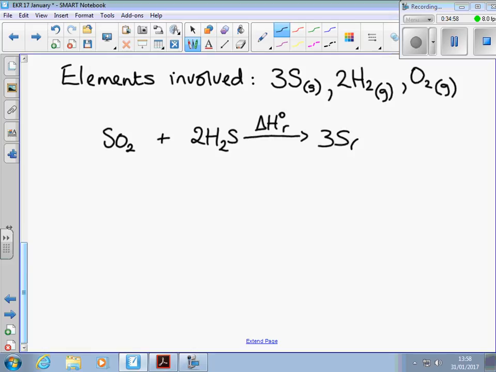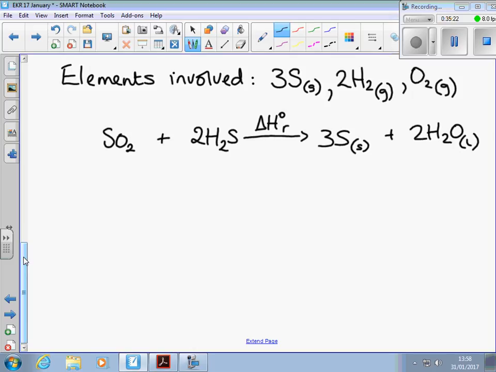On our other side, we've got solid sulfur and water. Oh, I did, didn't I? That's me not being consistent. No state symbols on the left, state symbols on the right. Okay, right. What we do now is to put our elements at the bottom.